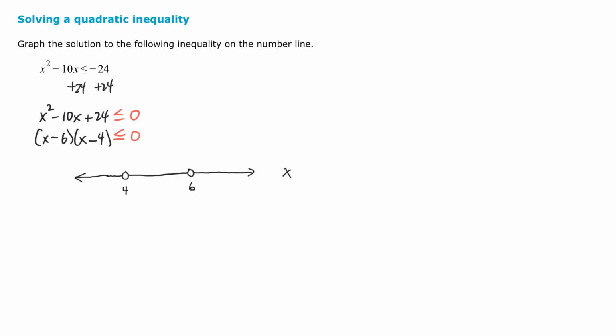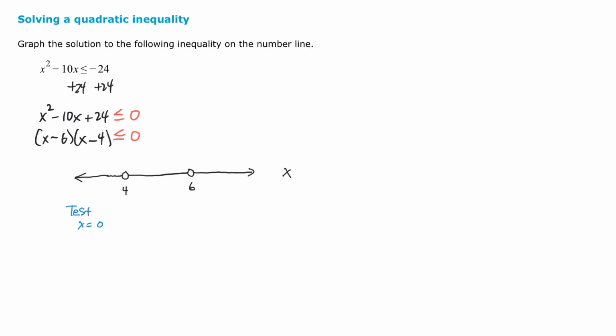And which quadratic function are we talking about? We're talking about this one right here. So the zeros of x squared minus 10x plus 24 are 4 and 6. We're going to test around it, and we're going to see if we pick, let's say, test x equals 0, what we want to do is test the original inequality, or we could test it here.